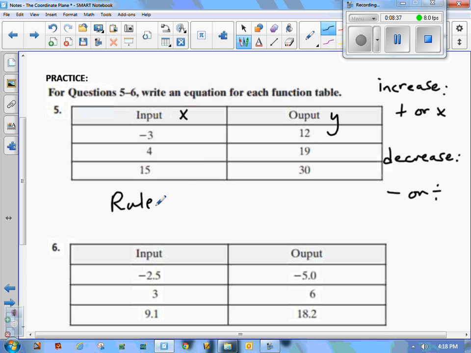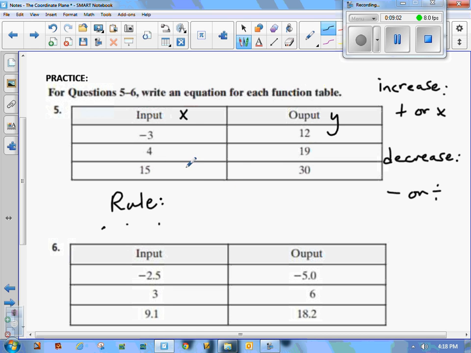So I'm going to start with the easiest here, which is 15 to 30. I know that I can take 15 times 2 and get 30. However, if I take 4 times 2, that does not give me 19. So multiplying is not going to work. So I need to look at addition.